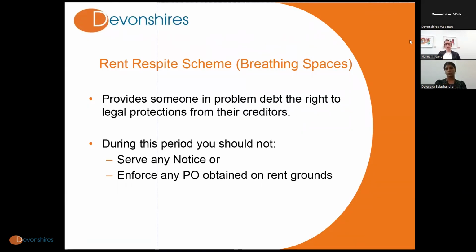So just to quickly touch on the debt respite scheme and breathing space, this came into force in May of last year and was effectively put in to provide breathing space for those in financial difficulties and encouraging them to seek some help. Some of you may have come across this, some of you may not. It kind of depends because it will require the tenant to go and seek advice and then make an application for assistance.